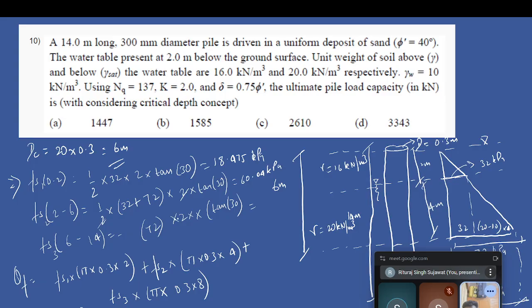And what about this? 72 into 10 into 10 30, 72 into 2, 83.13. So this will be your 83.13 kp.